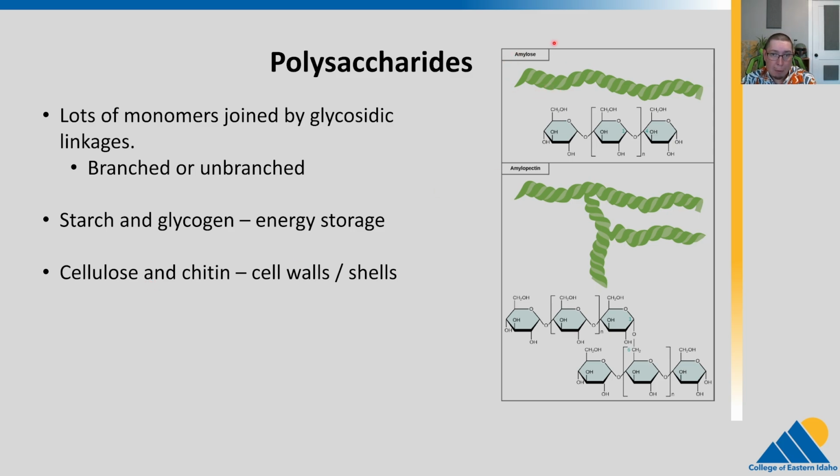You've probably heard of amylose. That's a bunch of glucoses stuck together in a linear chain. You might have heard of amylopectin. That's a branched configuration. Same units, just different shape here, and it has slightly different properties. So these two things are both made up of the same monomers, but slightly different shapes.